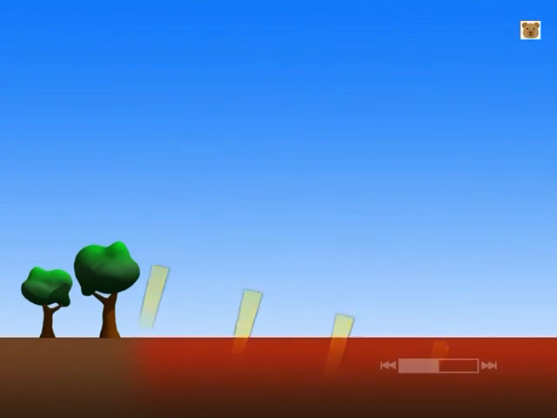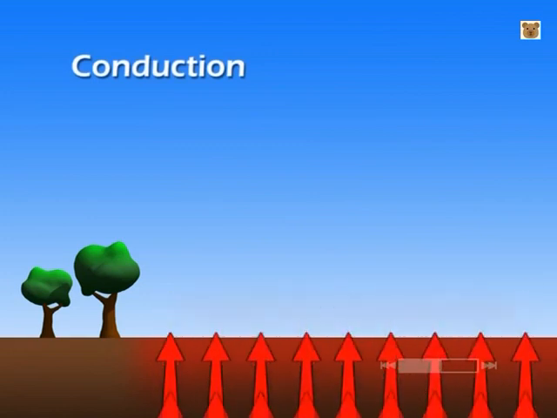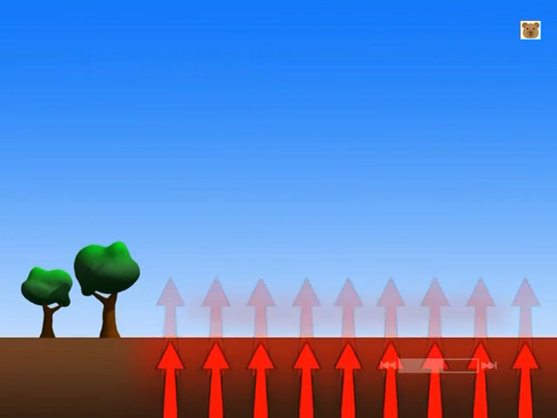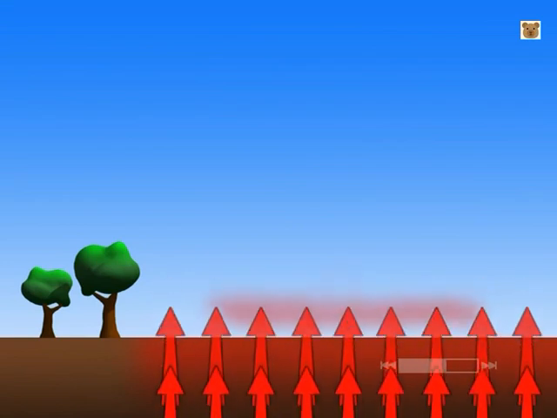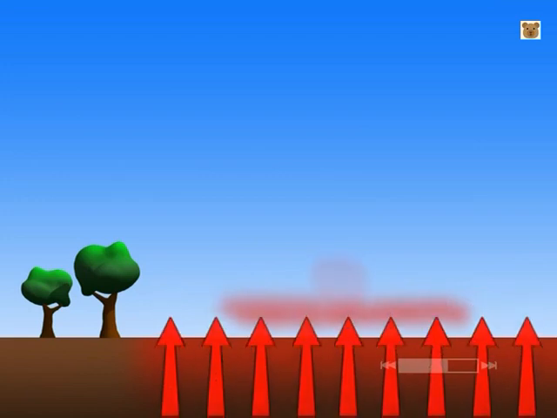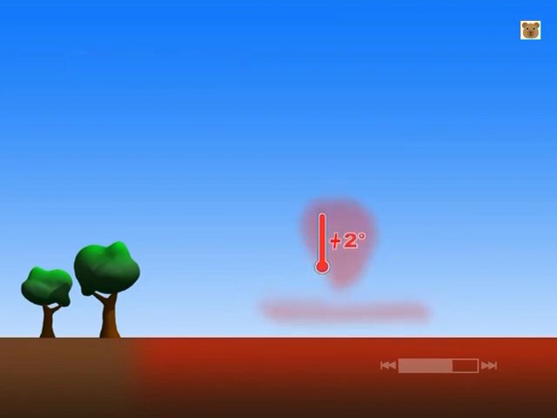Afterwards, the ground will conduct its accumulated heat to the air directly above it. That heated layer of air will become warmer than the air around it, and as it warms, it becomes less dense and inevitably rises through convection. A difference of 2 degrees is all that's needed to make this pocket of warm air rise.